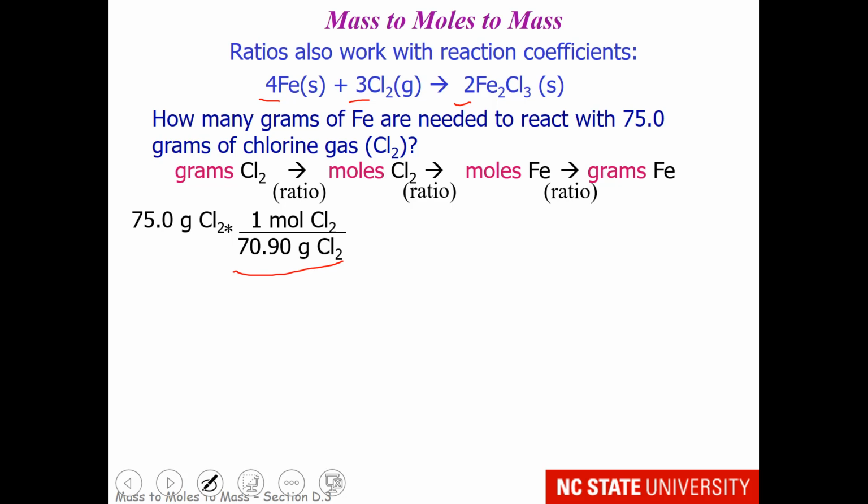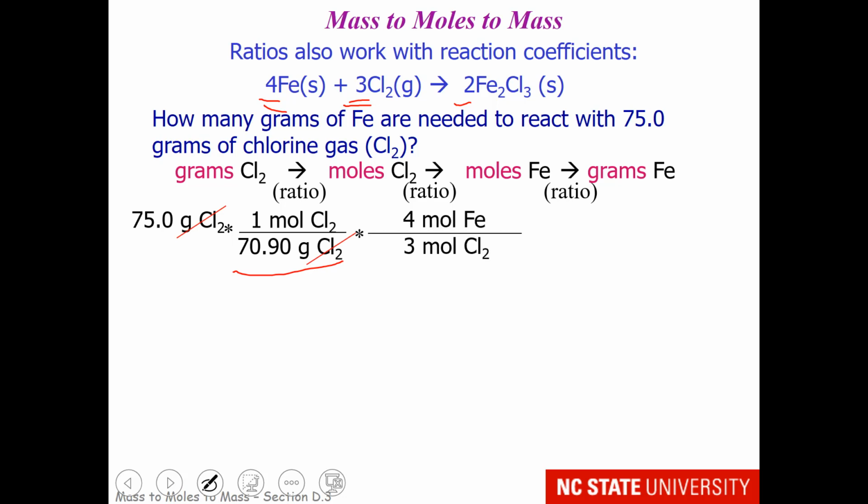My next job is to get from moles of chlorine to moles of iron. So you notice that we have stoichiometry in this reaction. The ratio of chlorine to iron is 3 to 4. So I'm going to cancel out my grams of chlorine and get to moles of chlorine.